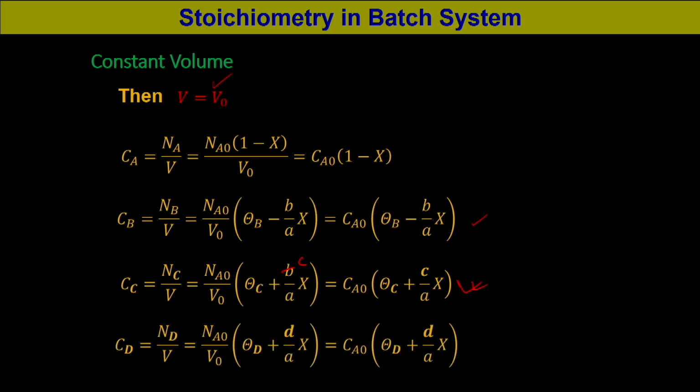Now, for Cd also in a similar way we can write Nd by V, which is equal to Na naught by V naught into theta d plus D by A into x, which is equal to Ca naught into theta d plus D by A into x. So, for a constant volume batch reactor we can write the concentration terms with the conversion and the initial concentration of the reactant A.